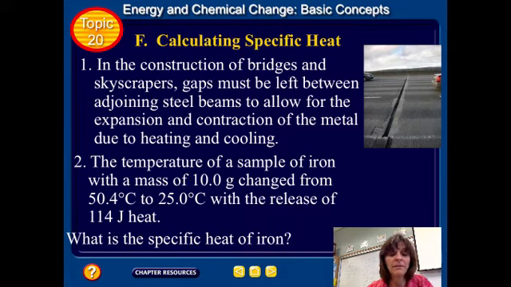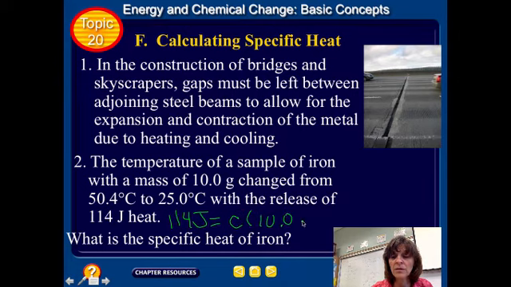Well, you've got your Q, your 114 joules, and that equals your specific heat, which you don't know, that's your unknown. You've got 10 grams. And you do the change in temperature, usually final minus initial. In this case, it's releasing heat. The temperature changes 25.4 degrees Celsius.